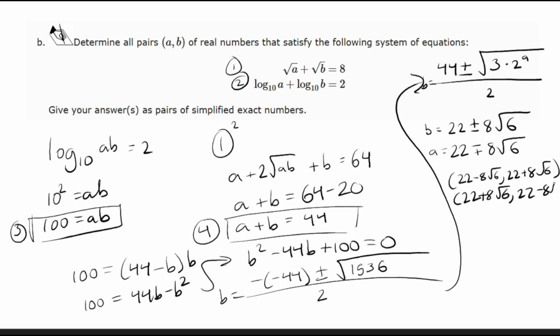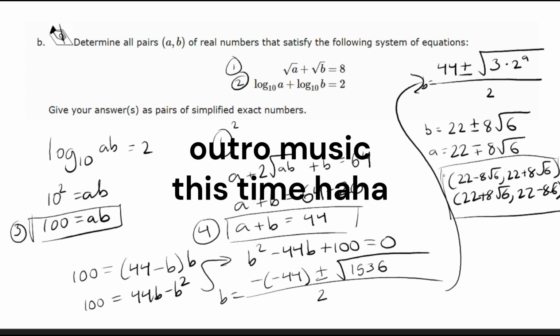How did I know that they were almost symmetrical values in the signs? Because there are only 2 of the values. If you want, we can sub it into this equation 4, and we'll get 44 minus 22 plus 8 root 6, which is 22 minus 8 root 6. And then we'll get that these values are symmetrical. But since there are only 2 values, you know that I have to sum or subtract to each other, right? So that is that question.